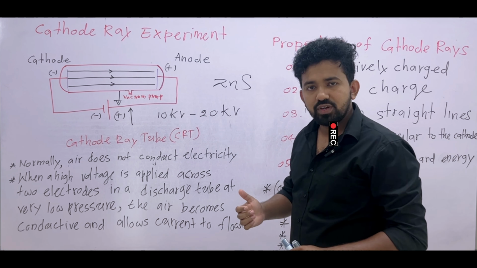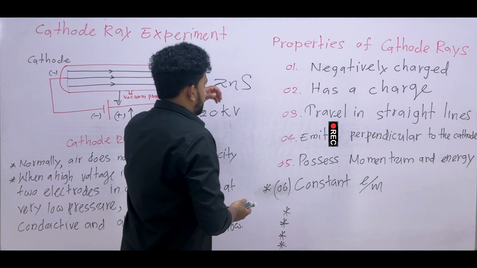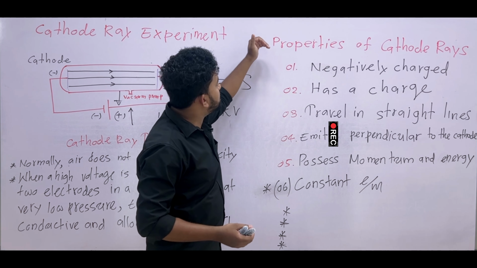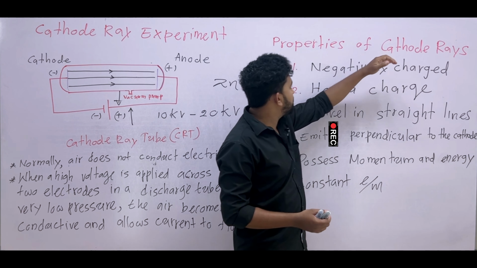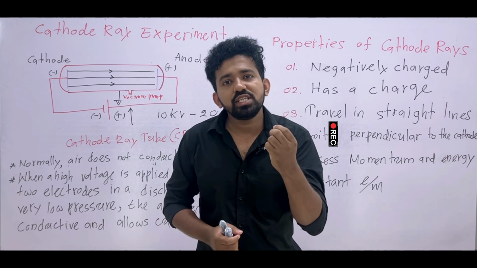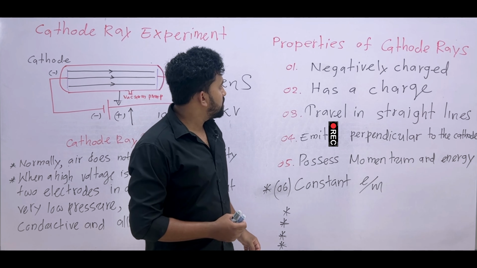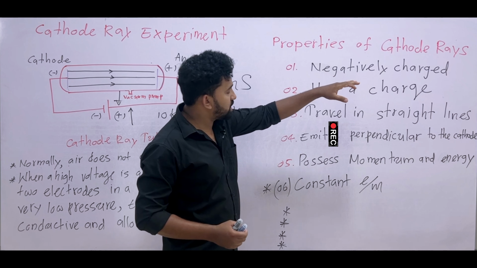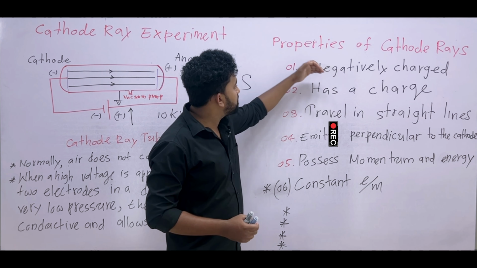And then J.J. Thomson conducted several experiments to identify the properties of cathode rays. Here we have to learn a few basic properties of cathode rays. Cathode rays are negatively charged.